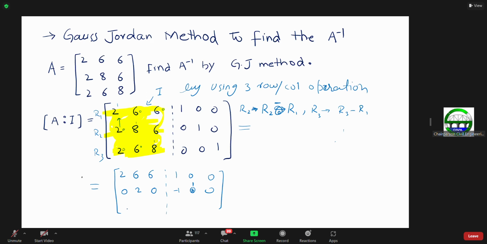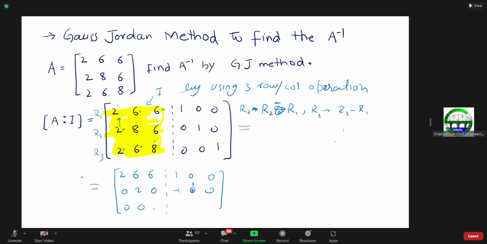This minus, then it will be equal to 0, 0, and it will be equal to R3 minus R1. This minus, then it will be equal to what? 2, R3.